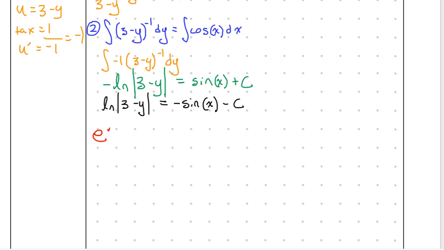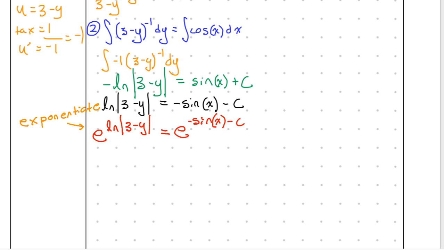It's going to be e to the power of natural logarithm of absolute value of 3 minus y is equal to e to the power of negative sine of x minus c. This process that we just did right here is called exponentiate. We exponentiated both sides.